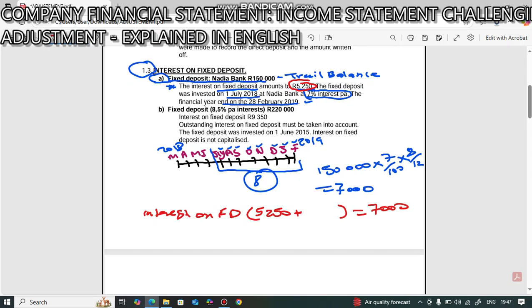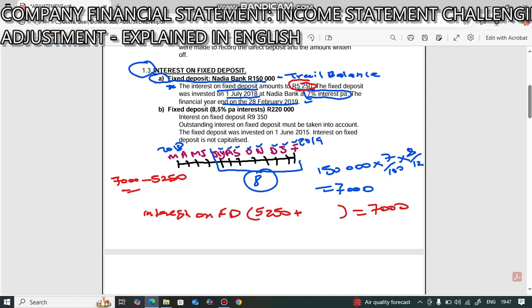Let me show you these workings. We are going to do these workings separately. 7,000, and then you subtract the amount that was paid so that you can get the outstanding amount. Alright, let us get the outstanding amount. We call this outstanding amount an accrued income.